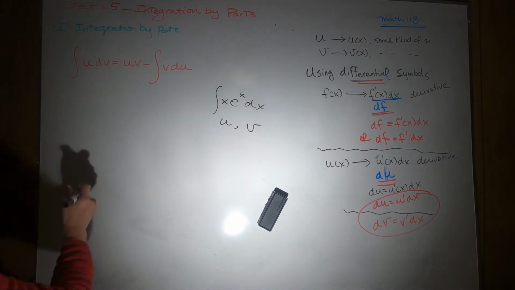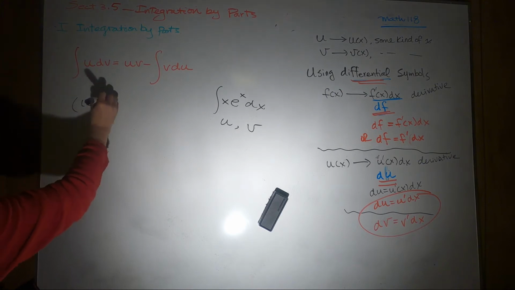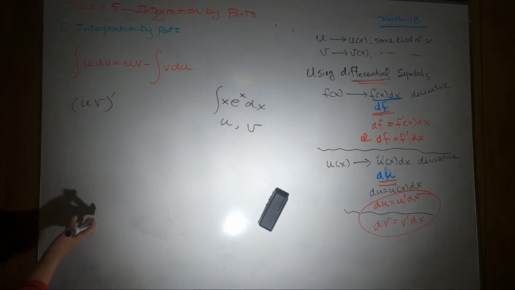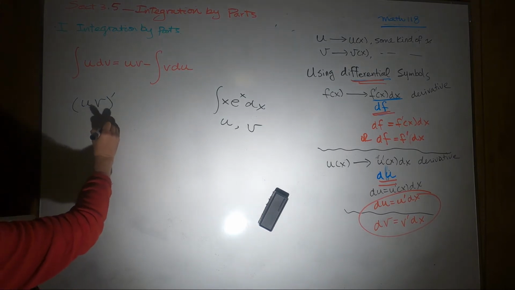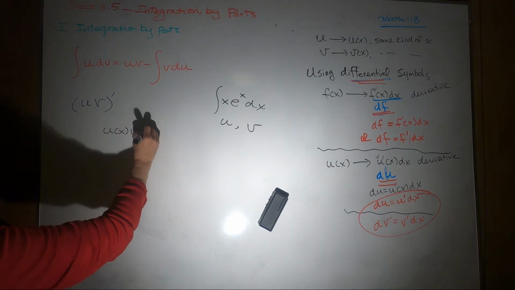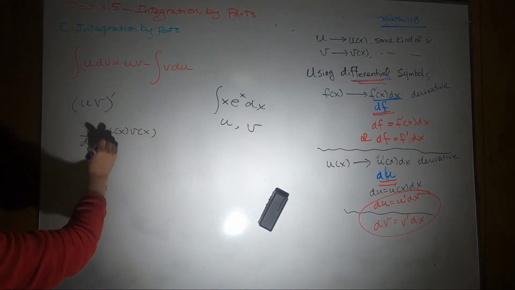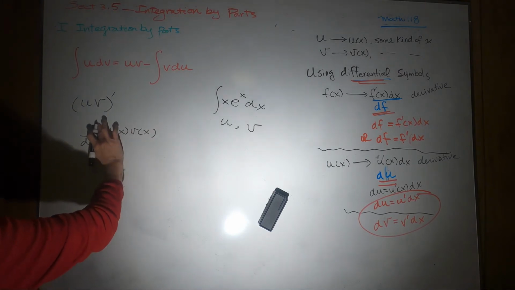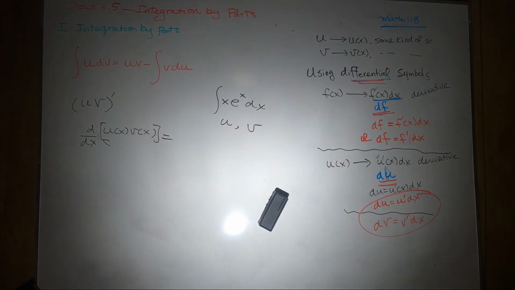If I want to take the derivative of u times v with respect to x, it's like I have u of x times v of x. I want to take the derivative of this because this is a product.